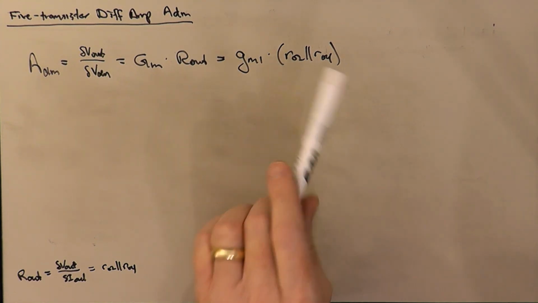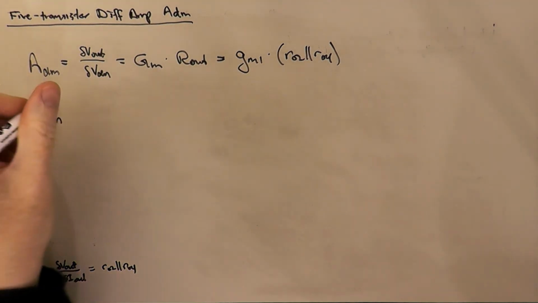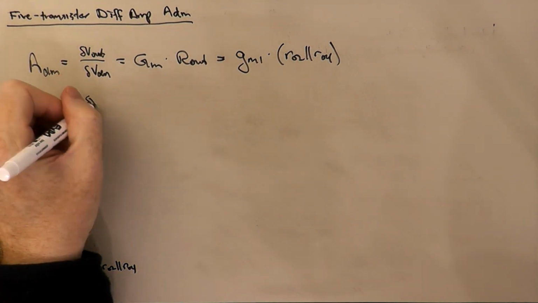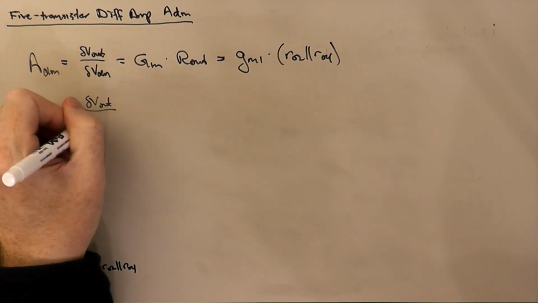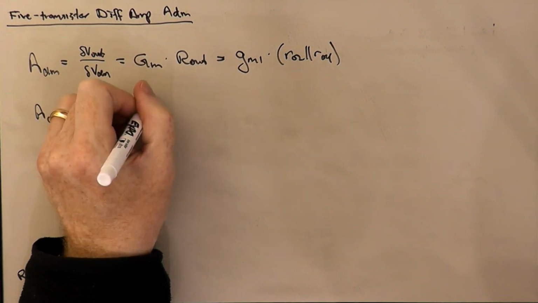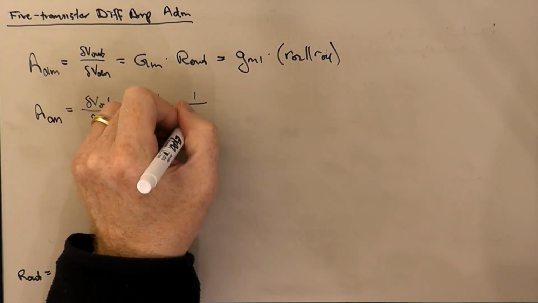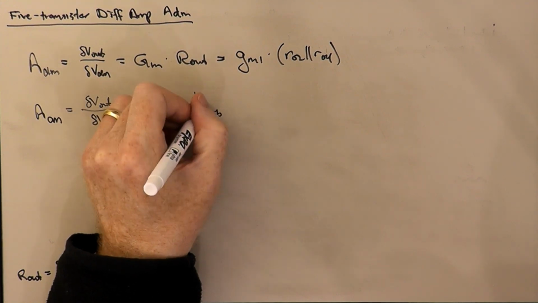And so we have the common mode gain, delta V out over delta VCM. We said that that was minus kappa over 2 times 1 over GM3 ROB.